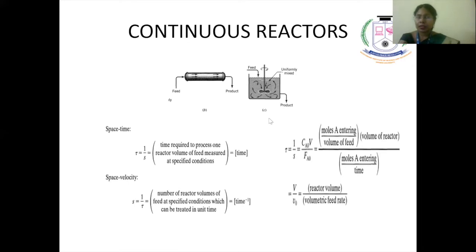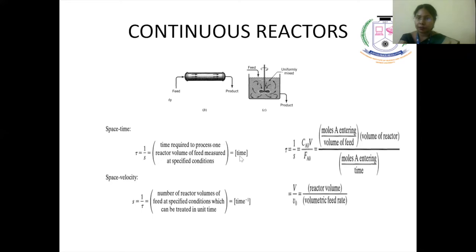In continuous reactors, we have to make note that we use space-time in terms of time, because accurate measurement of time cannot be considered for continuous reactors. Space-time is defined as the time required to process one reactor volume of feed measured at specific conditions.